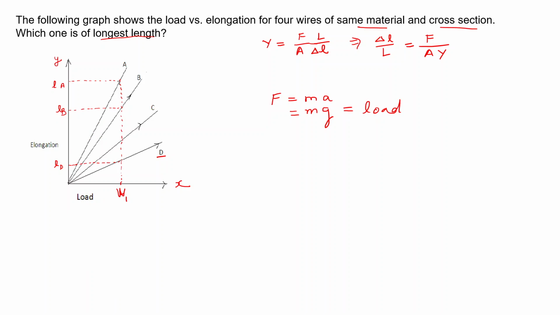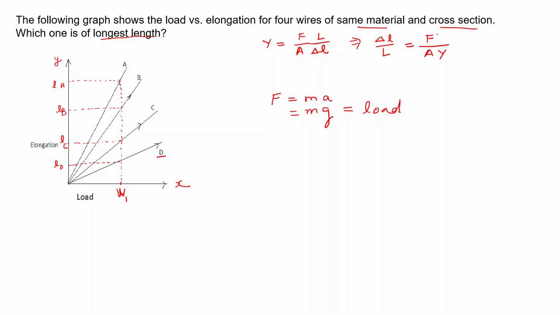Similarly, where the slope is intersecting here, if I take the corresponding y value, it will be L_C. So this particular load value is causing this much elongation for D wire, more elongation for C wire, more elongation for B, and the maximum elongation in A.